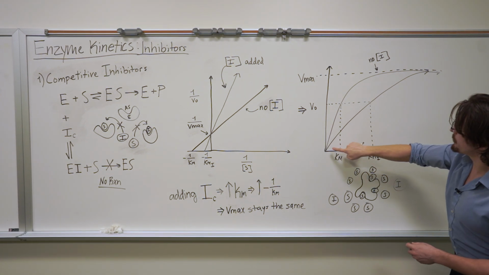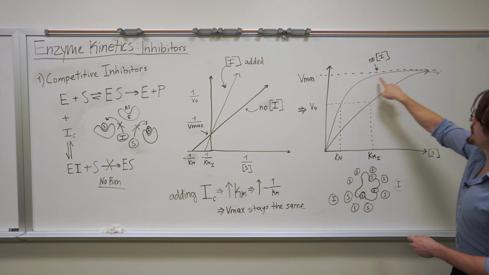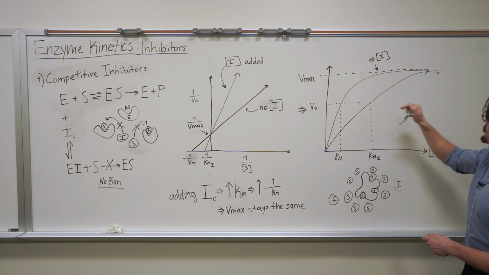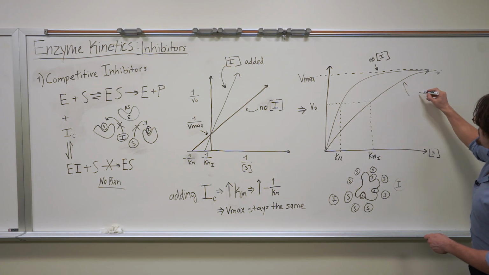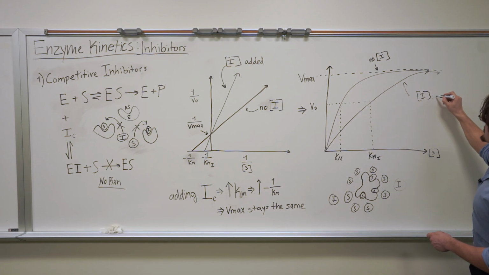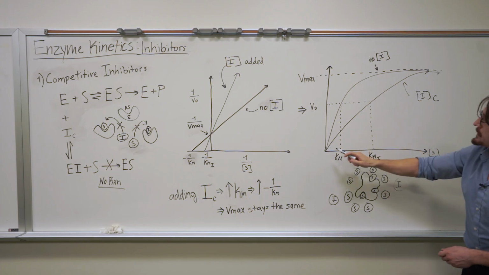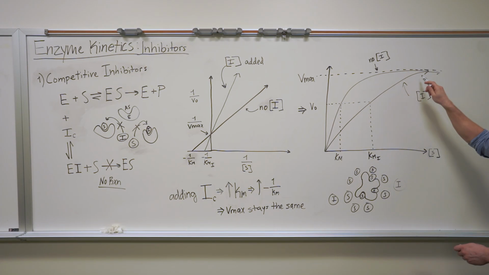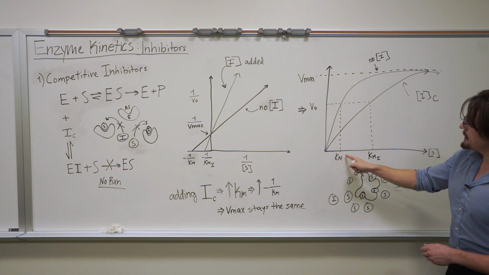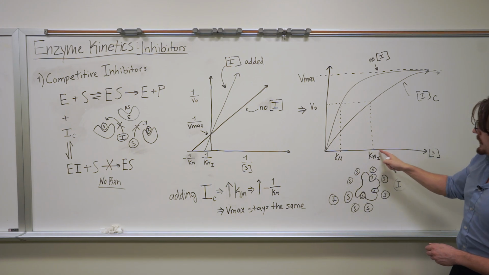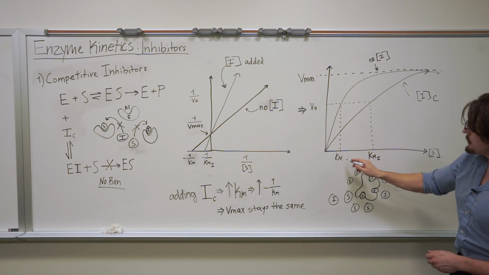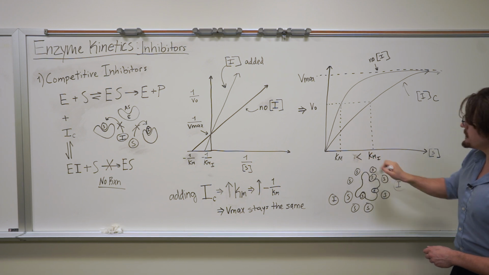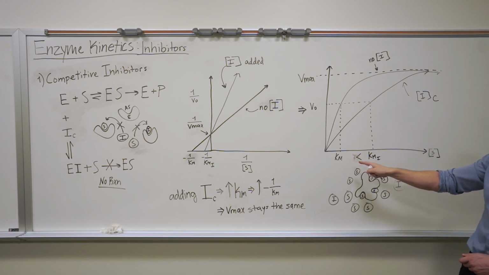With no inhibitor, we have the curve we're used to, this hyperbolic curve, and it goes up to this Vmax. But then notice that when we add inhibitor, so this line has the competitive inhibitor present, it still reaches the same Vmax. So Vmax doesn't change. But notice that the Km in the presence of the competitive inhibitor is greater than the Km without the competitive inhibitor.